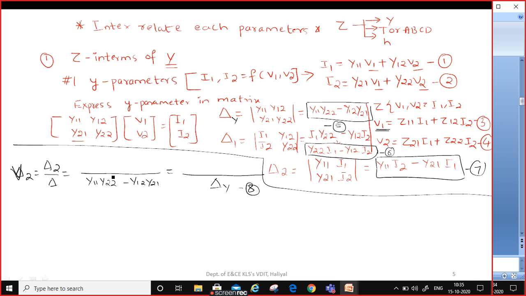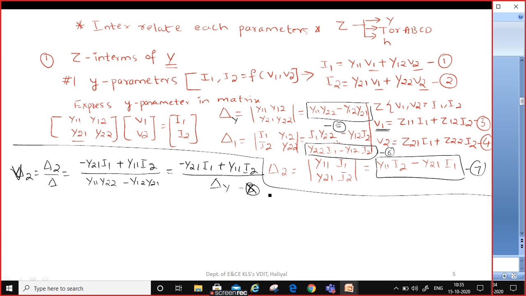Delta 2, if you express it in terms of I1 and I2, you get minus y21 I1 plus y11 I2. Same thing you can reflect here: minus y21 I1 plus y11 I2.